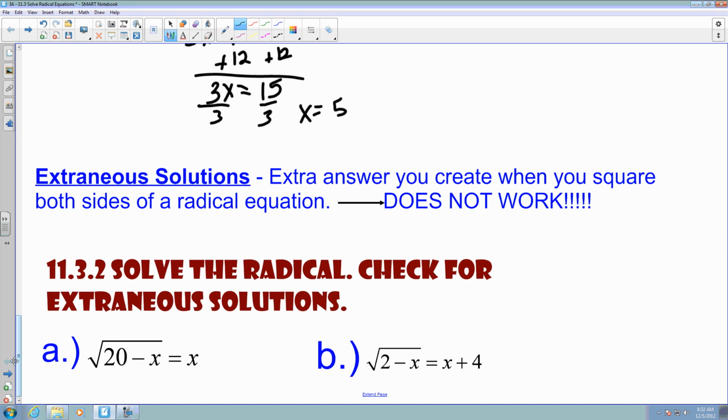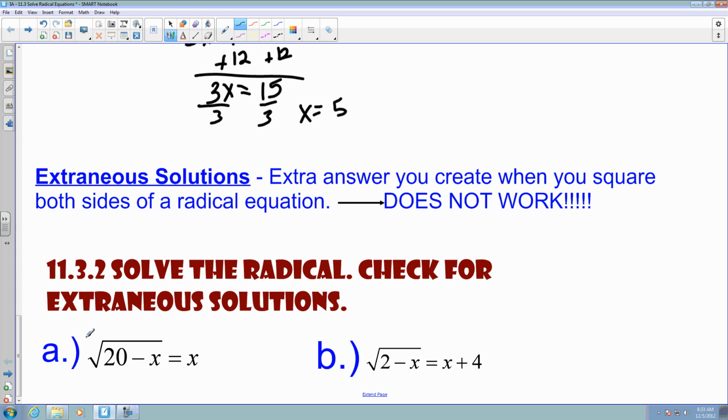Last thing we're going to do is talk about extraneous solutions. Extraneous solutions are extra answers that you get when you are solving square root equations that don't work. So it's very important to make sure you check the solutions to make sure that they work.